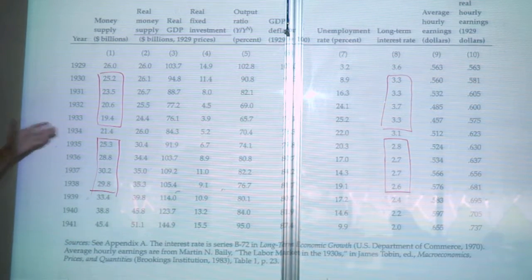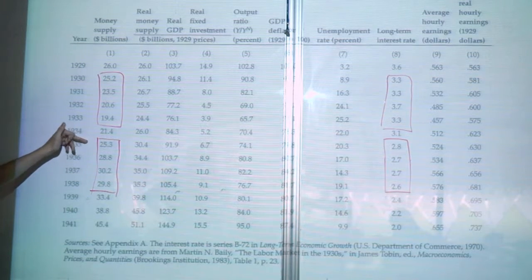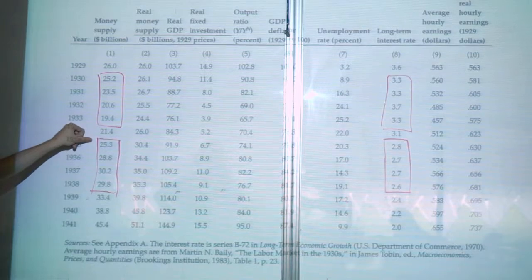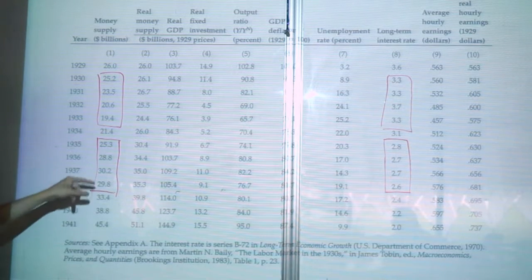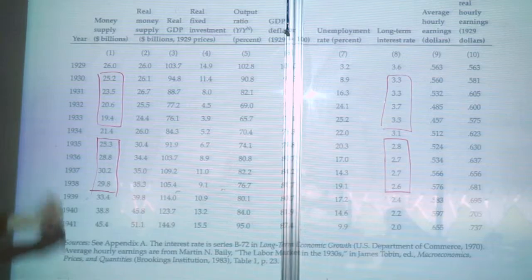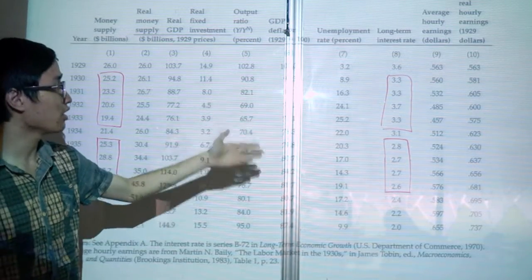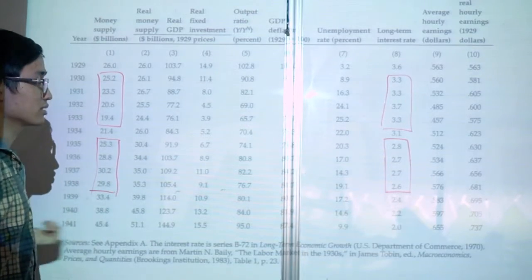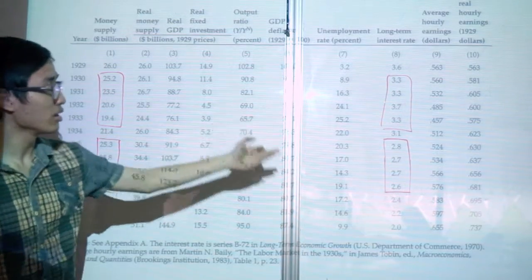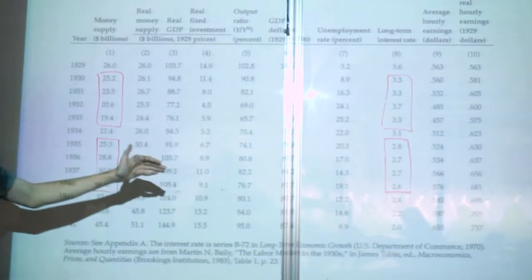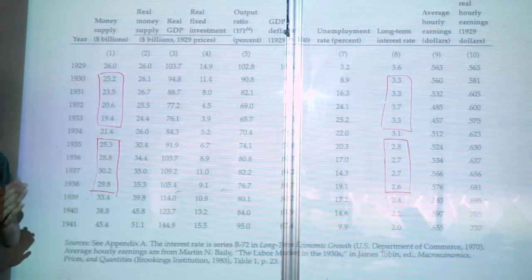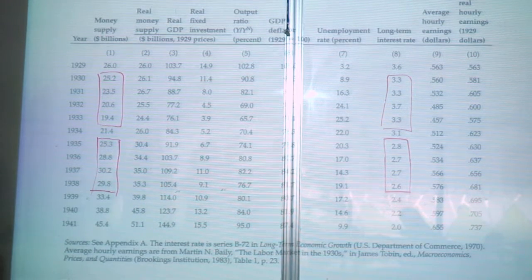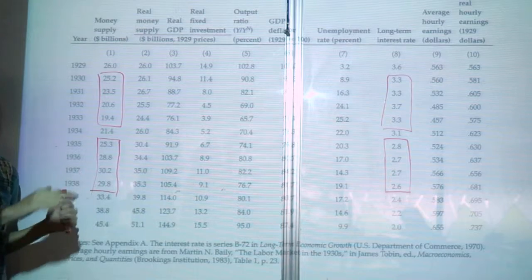Again, in 1935, the money supply is 25.3 and it increased to 29.8 in 1938. However, the interest rate once again seems not to be sensitive to the money supply. It just reduced from 2.8 to 2.6. Therefore, we can make a conclusion that the LM curve is quite flat.